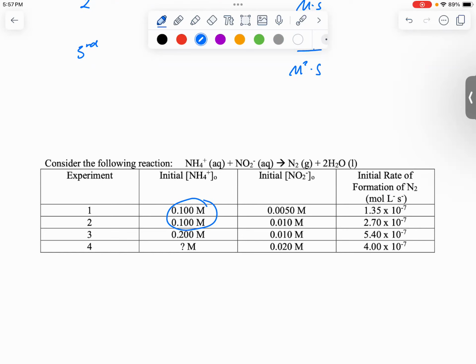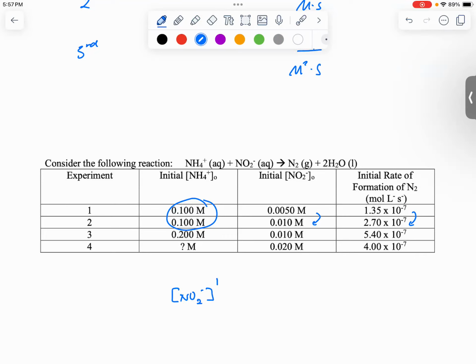We say, oh, look at this. Look at the nitrite ion concentration. It doubles. So times two, and then what happened to the rate? It also doubles. So the exponent is 1.